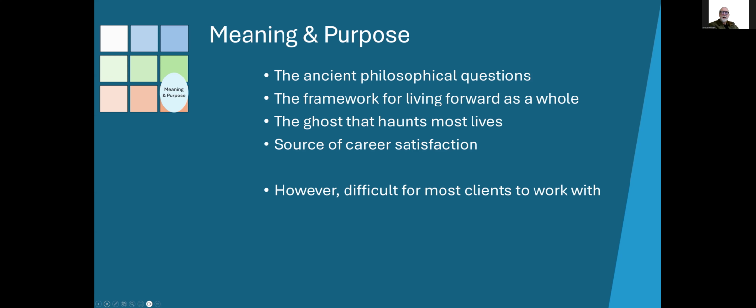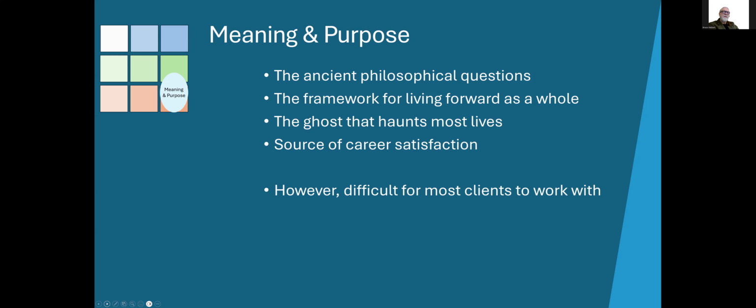You need to have answered at a certain level the question, what is this for? What am I for? What am I trying to accomplish? You can't only live there. I mean, there are 8 other questions that need answers too, some very practical ones. But as you move forward into the world, this one needs some kind of answer, particularly for career satisfaction. If you don't have an answer, you don't really get career satisfaction.